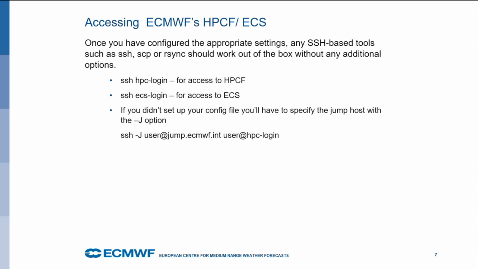If you don't have access to the HPC, but have access to ECGate ECS, then you need to do this other command, SSH ECS login. If you only have access to ECS and try HPC, it would probably just kick you out. So you need to make sure that you have access to both systems. Both would work, but we recommend you to use the HPC one.